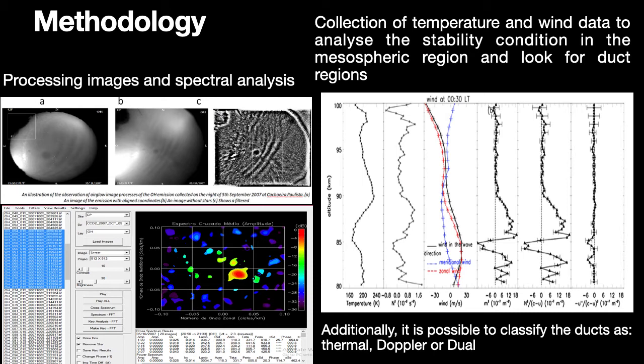All this information is calculated closest to the passage of the bore in the field of view of the image, and using this information we can decide where the duct is and what are the most important terms for the formation of this duct.